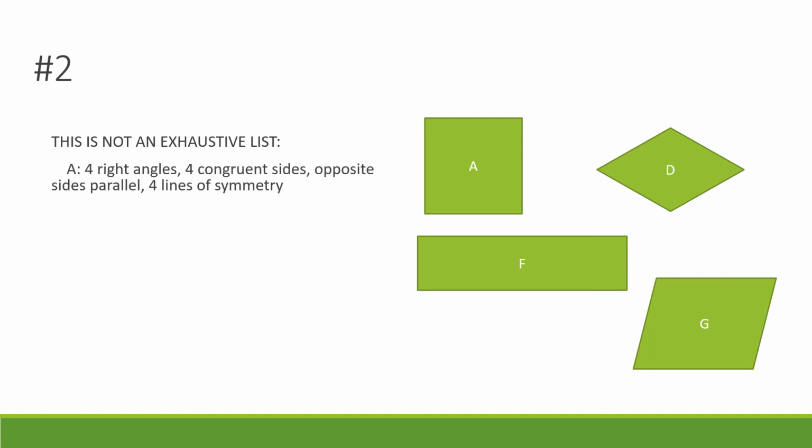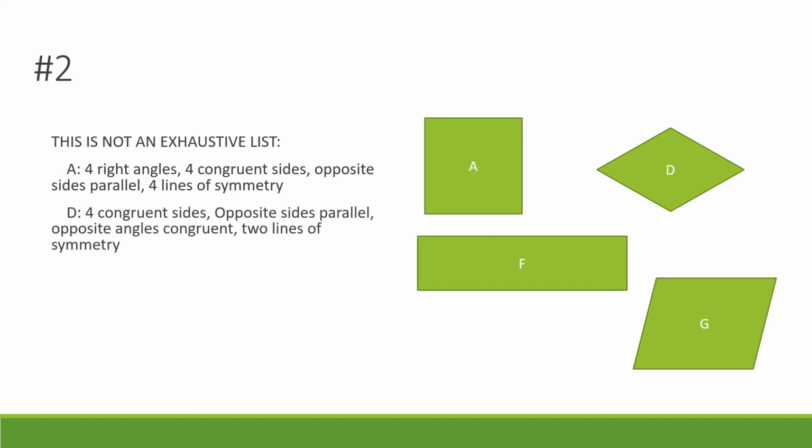For A, you can find it has 4 right angles, making it a rectangle. It has 4 congruent sides, making it a rhombus. Its opposite sides are parallel, making it a parallelogram. And something special to a square, it has 4 lines of symmetry. What about D?